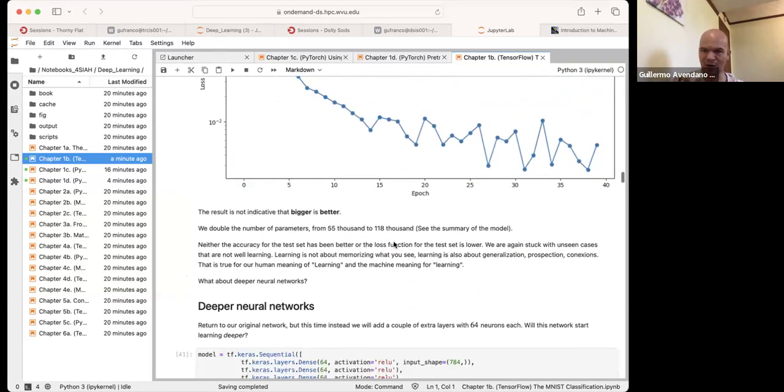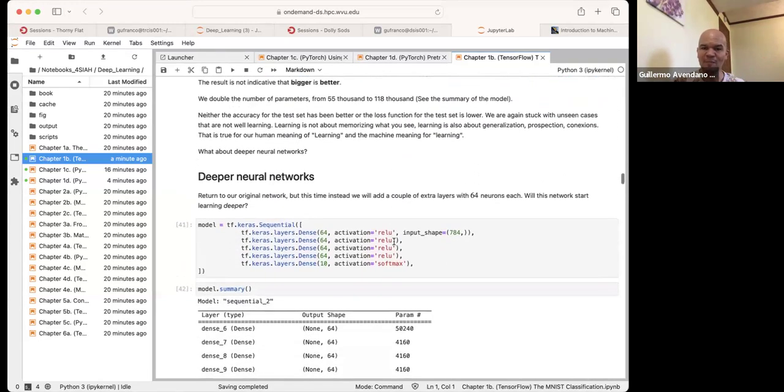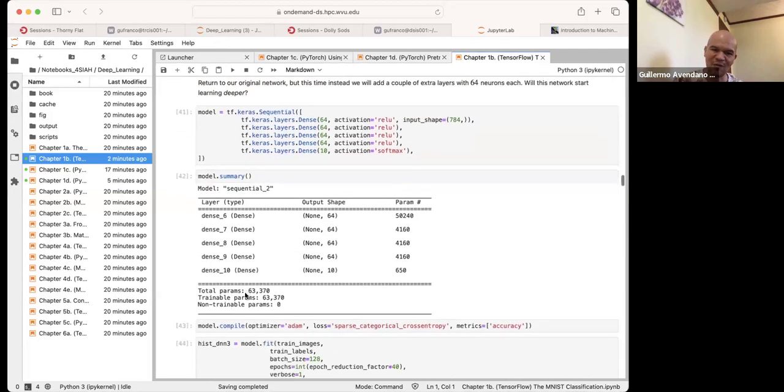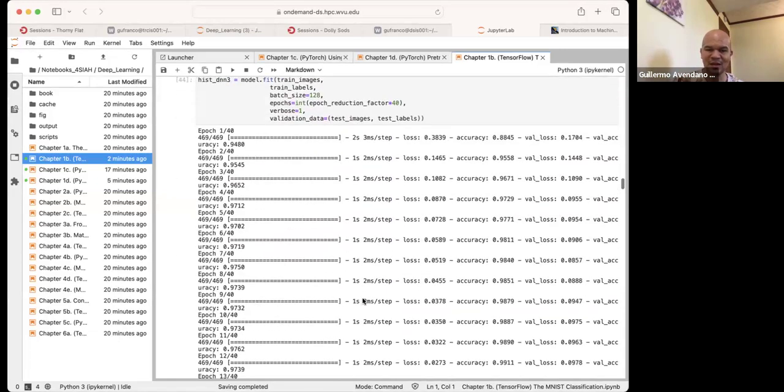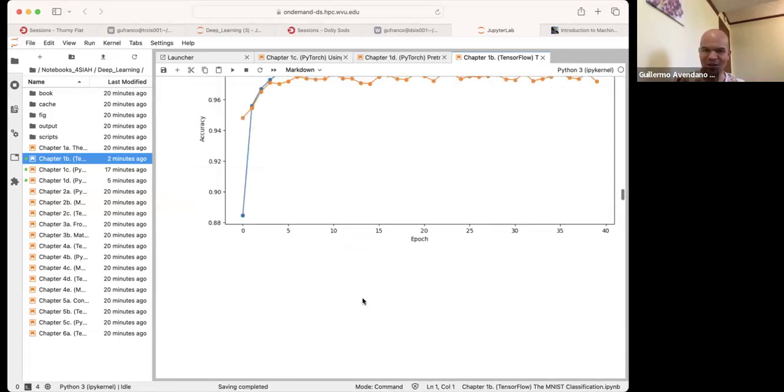My losses are better. Now, what happens if, instead of making the neural network bigger, I make it deeper? So I have 64, I lower back to 64, but I put multiple hidden layers. That's another thing that I'm trying to do. Now I have 63,000 parameters to tune, and I retrain all that.